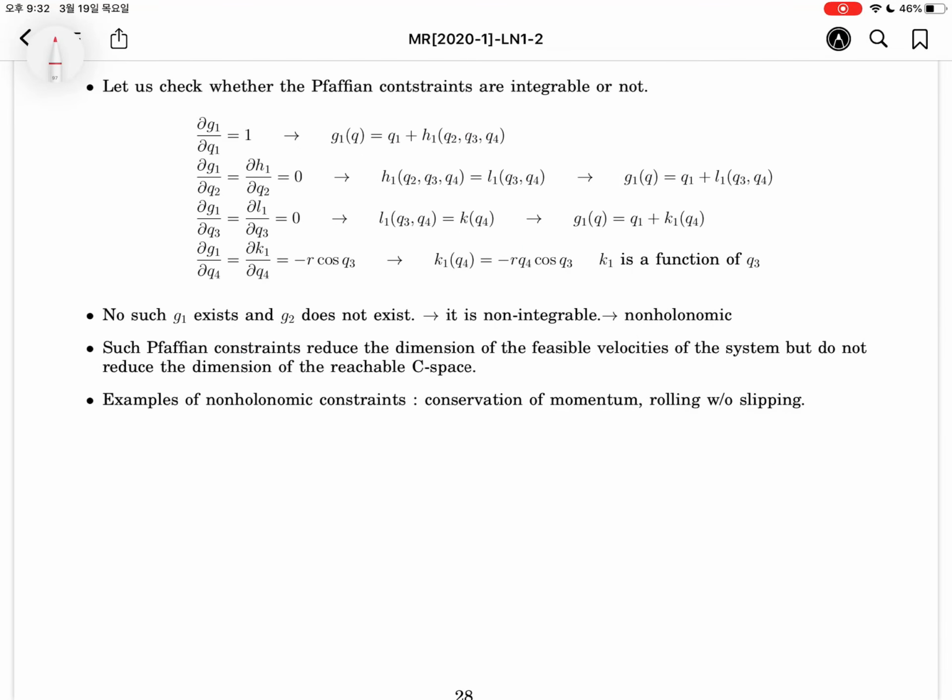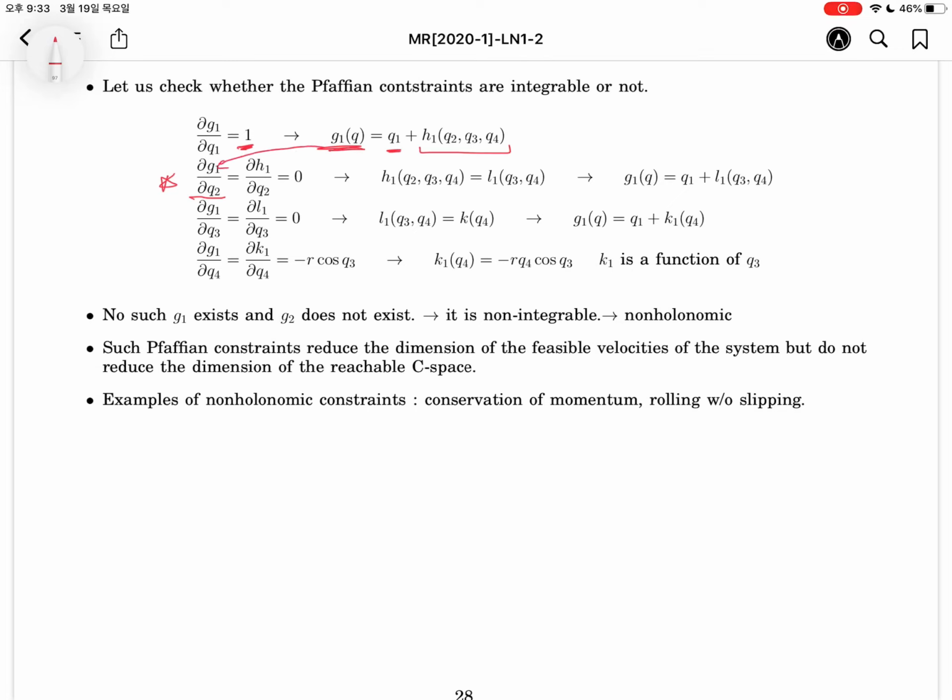As mentioned before, round g, round q1 must be 1. Let's integrate both sides. G1 of q will have q1, and the remaining terms of q2, q3, and q4. We don't know the exact form of h1. Anyway, let's take the second one. Round g1, round q2.